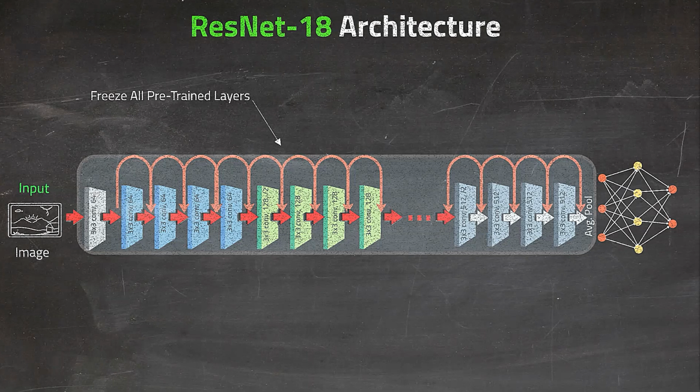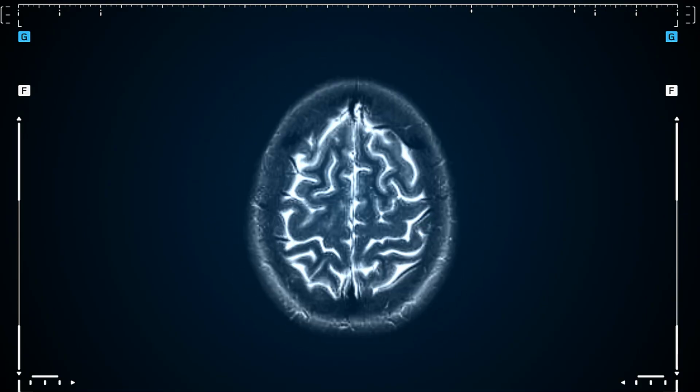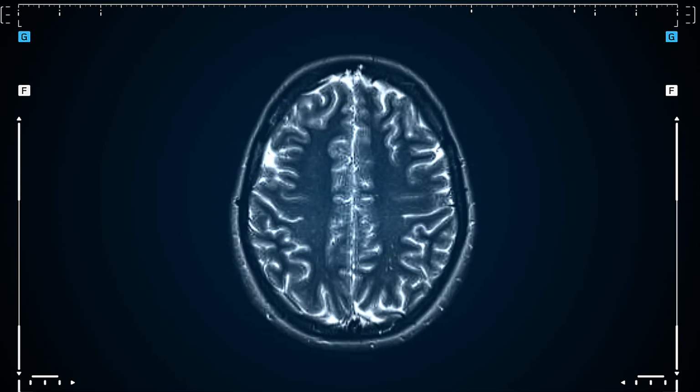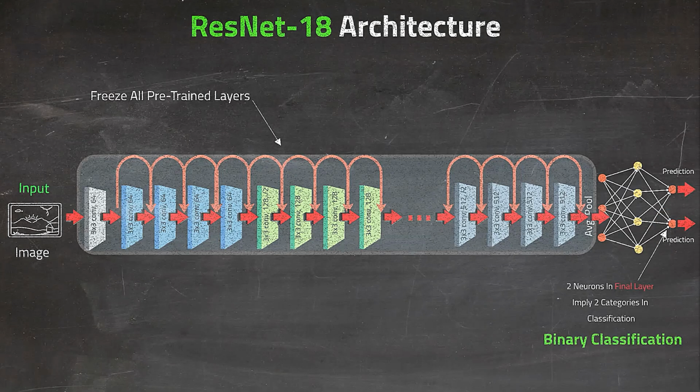For example, I can take the pre-trained ResNet 18 network and decide to do a binary classification on an MRI image to see if there is a tumor or not in an image. In that case, I would add a final layer with a binary classifier, whose parameters are learned by training the network.